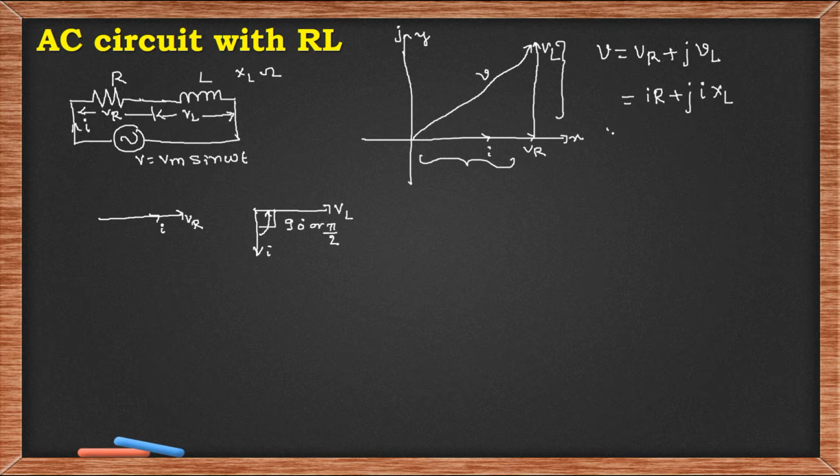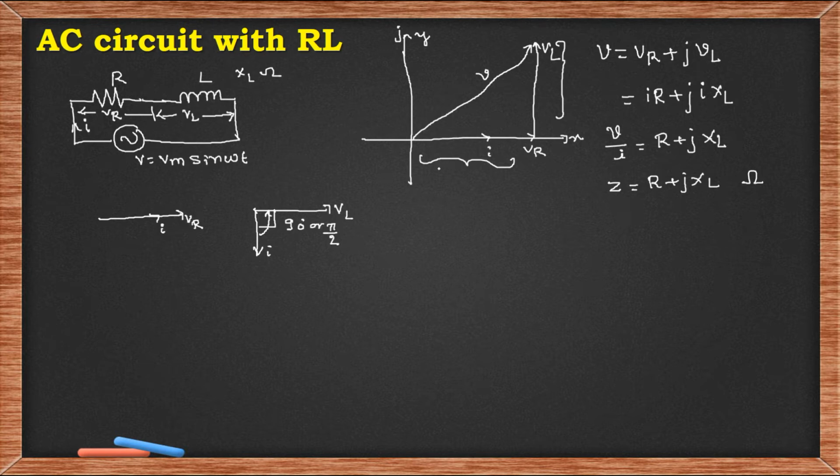I is common, take it outside, then V by I is equal to R plus JXL, where V by I is the impedance, Z equal to R plus JXL. Its unit is ohm.